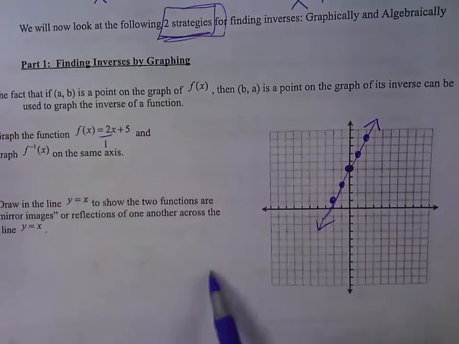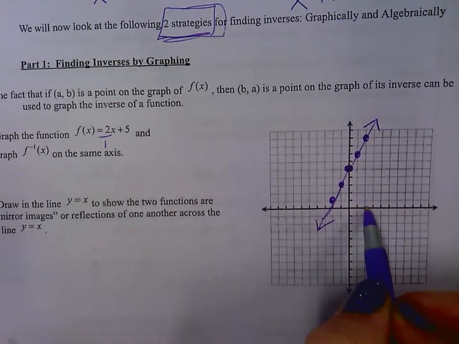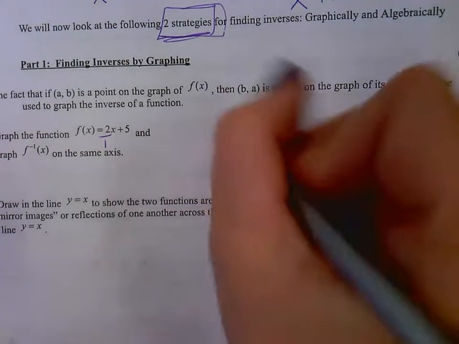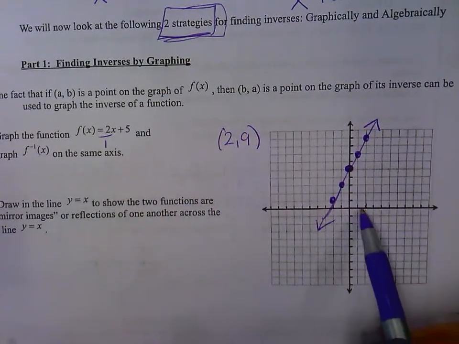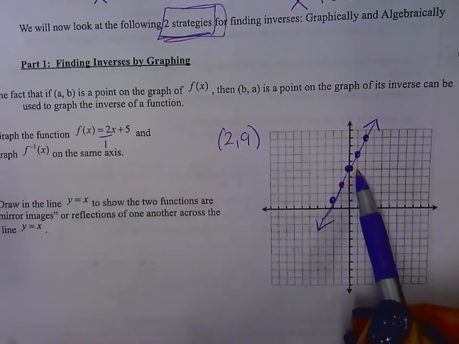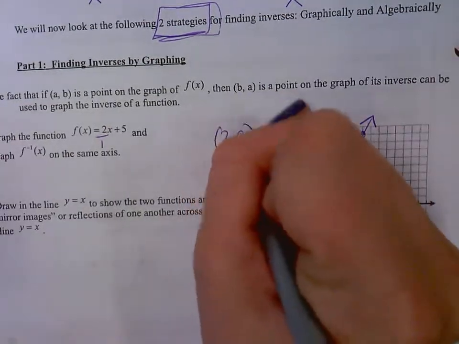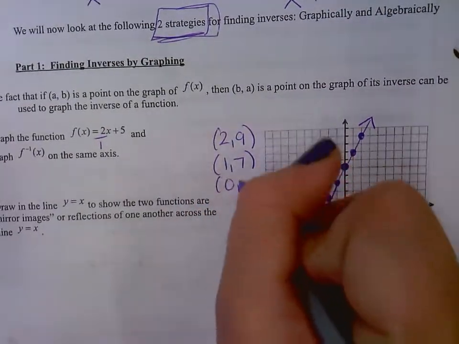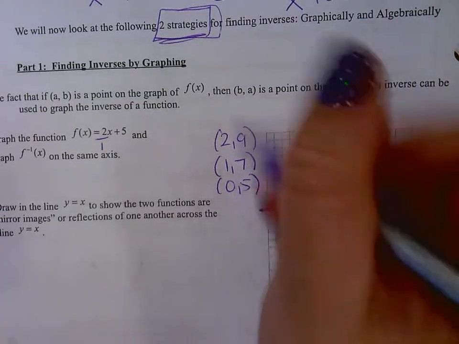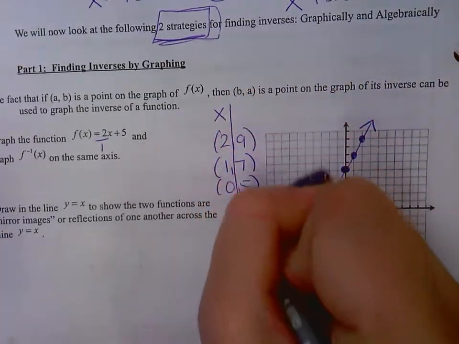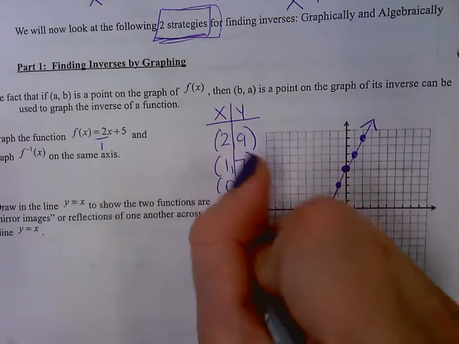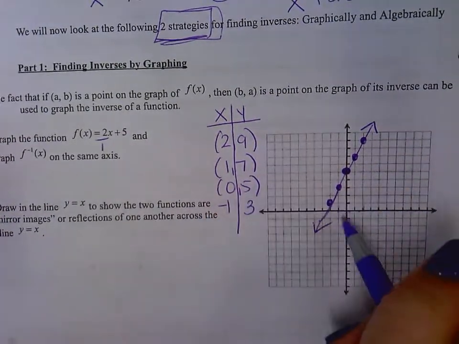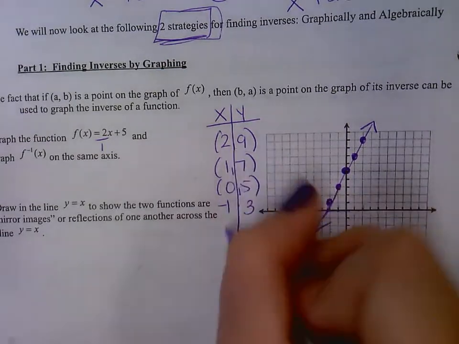This is the point 2 comma 9. This is the point over 1, up 1, 2, 3, 4, 5, 6, 7, so 1 comma 7. This was the point 0 comma 5. Kind of making a table of values, right? -1 looks like 3. And -2 comma 1.